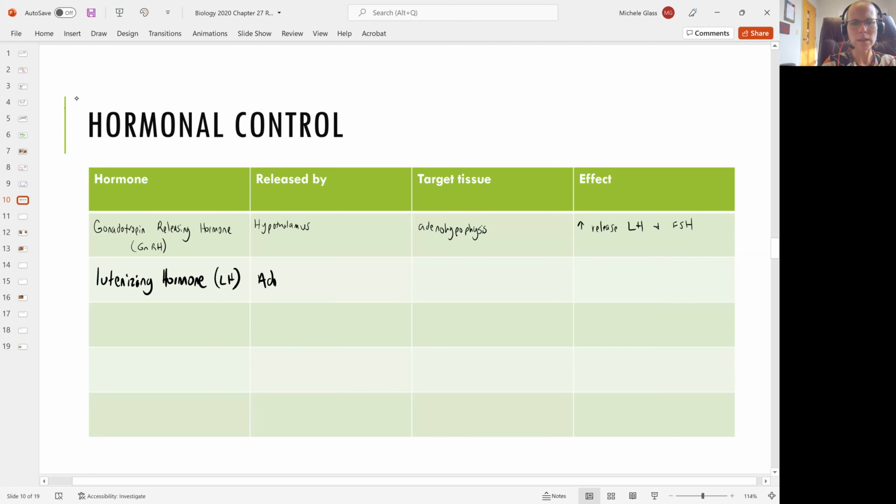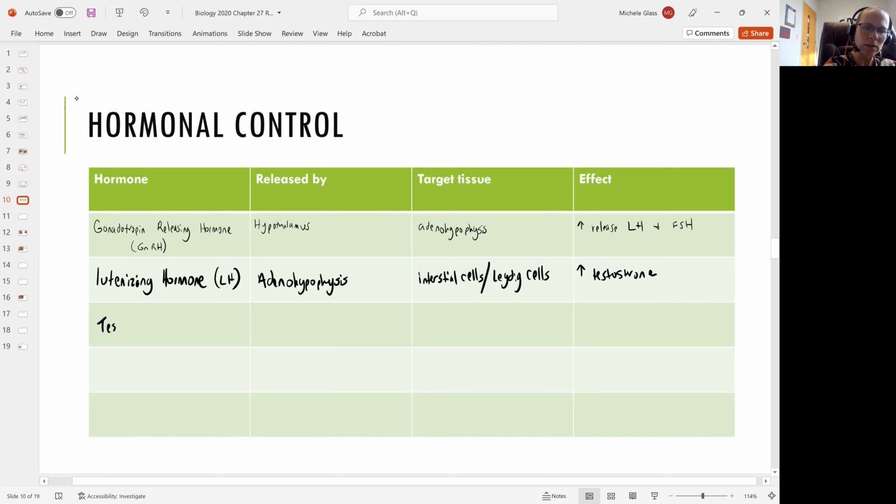So we've just said that's being released by the adenohypophysis. And we'll see that this will target specifically your interstitial cells, which we can also call Leydig cells. And this is going to lead to an increase in the hormone testosterone.